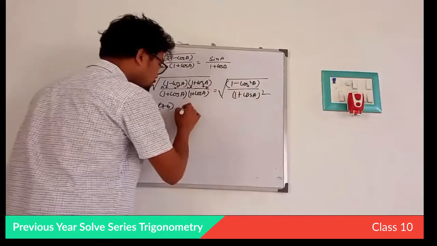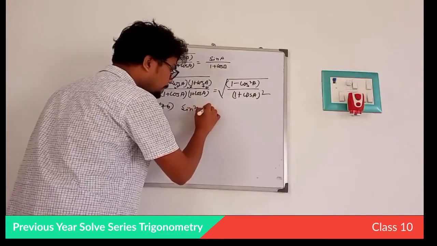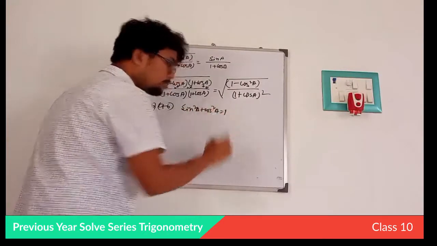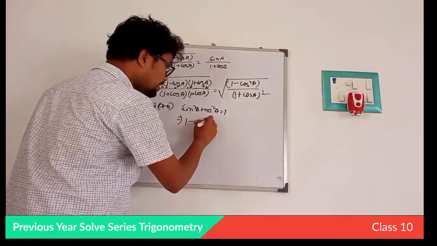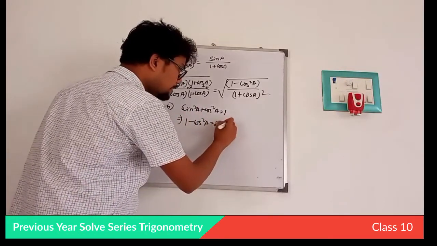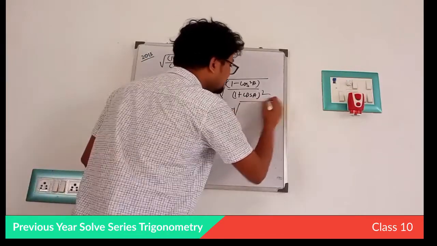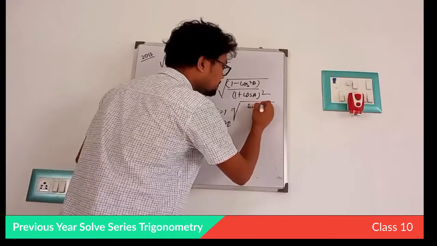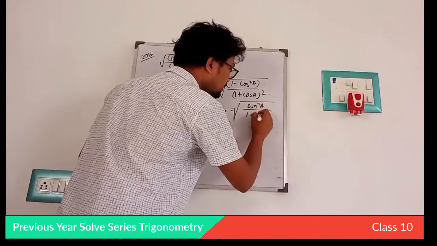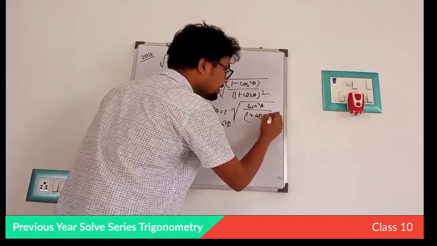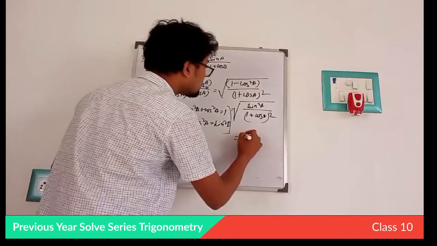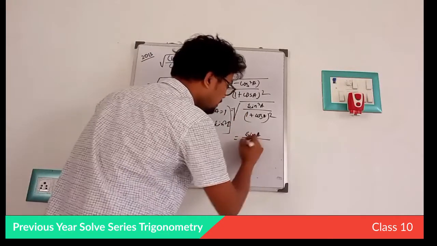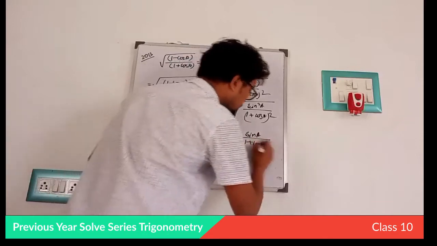Now sin square A plus cos square A equals 1, so 1 minus cos square A equals sin square A. So I replace it by sin square A by 1 plus cos A whole square. Removing the square root, we get sin A by 1 plus cos A.